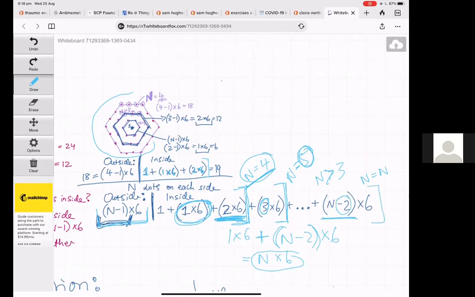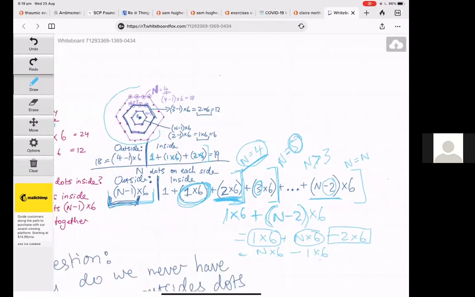Okay. So if we add the 1 times 6 to the very last term, n minus 2 times 6, then what you get is 1 times 6 plus n times 6 minus 2 times 6. If I take the n, it's n times 6. And then 6 minus 2 times 6 is 6 minus 12, which is minus 6.